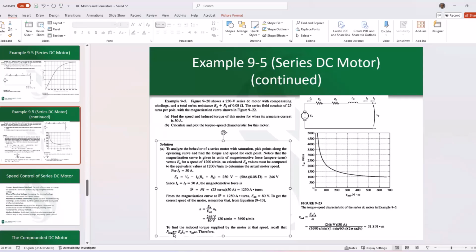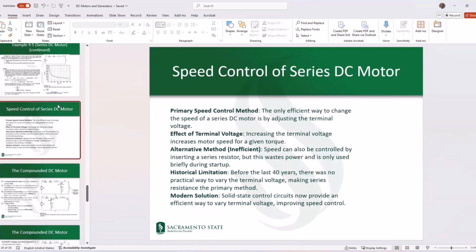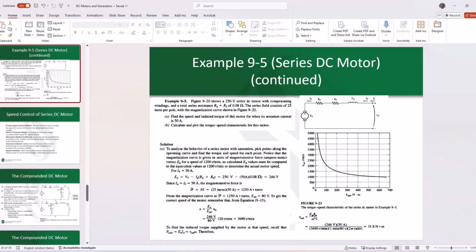We can use the same process to calculate and plot the torque versus speed characteristics of the motor. The converted power P_converted is equal to E_A times I_A, which equals tau_induced times omega. From here you can find tau equal to E_A I_A over omega, which gives us 31.8 newton meters.